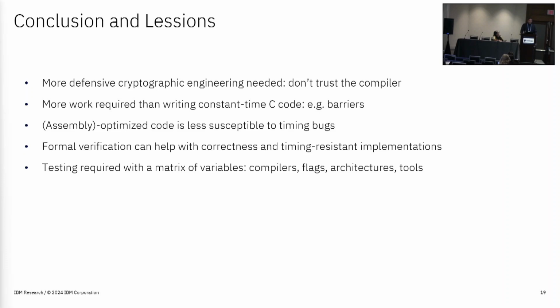One example in the liboqs library is the implementation for Kyber, which is a formally verified implementation using the libjade project, which generates assembly code and has, for example, guarantees that there are no divisions in there. So formal verification can definitely help with correctness and with writing timing-resistant implementations.